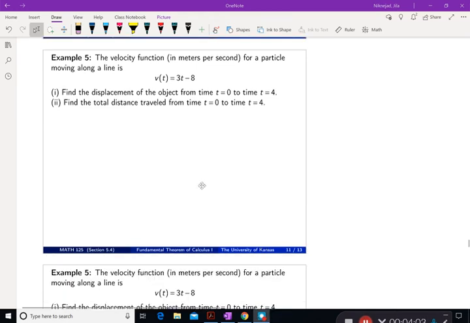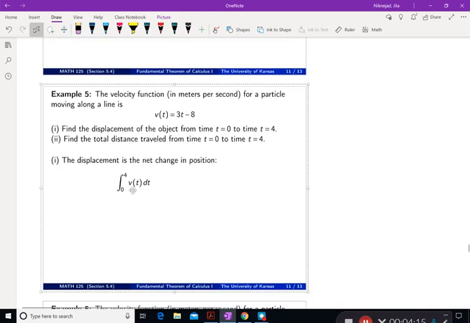So what is the displacement? The derivative of displacement is the velocity. So the antiderivative of velocity is displacement.